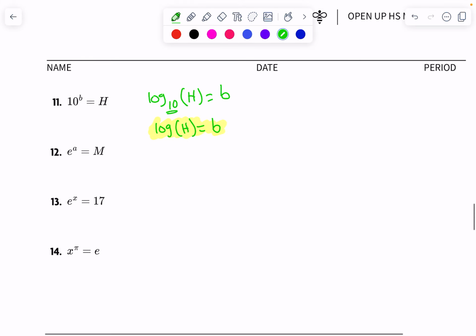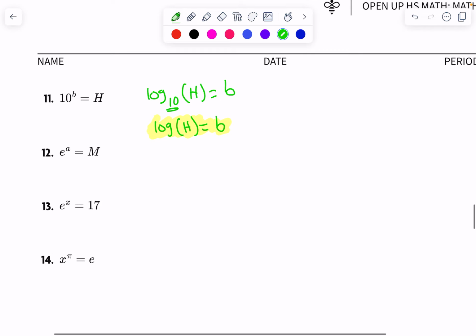Number 12, so base e, so that should ring some bells, right? Because there's a special way to write a log base e. We'll talk about that right now. We have log of base e of m is equal to a. Now we should think about this.